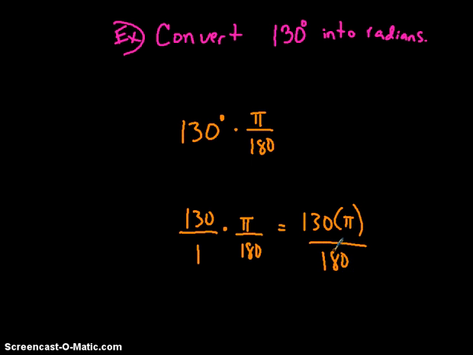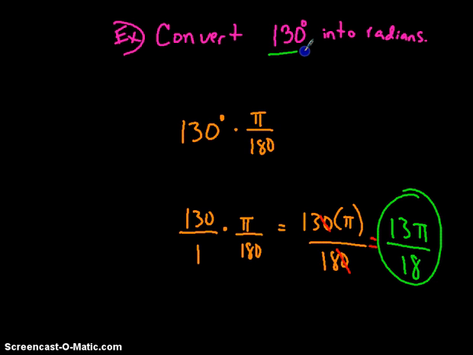You simplify, and you're going to wind up having these 10s cancel out, and it's going to leave you with 13 pi divided by 18. Since 13 is a prime number, there's no way to break that down any further, so this would have to be the final answer. So 130 degrees is the exact same thing as 13 pi divided by 18.